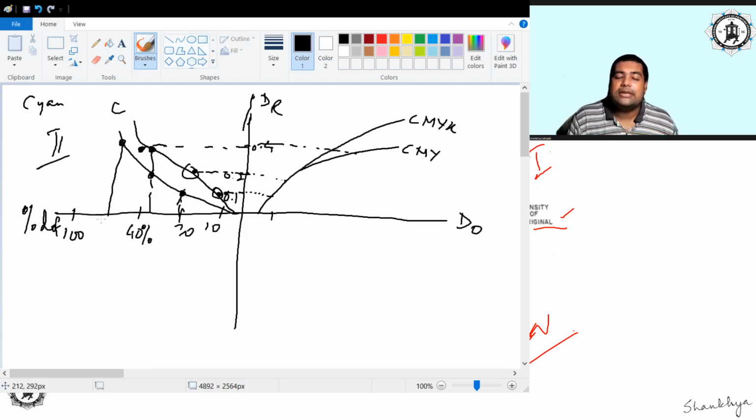So this data, the dot percentage of each plate versus the three color print density, is being plotted in the second quadrant.